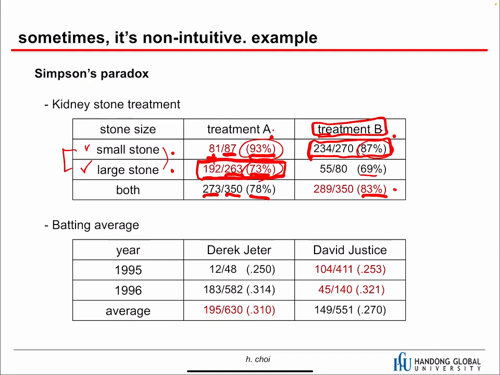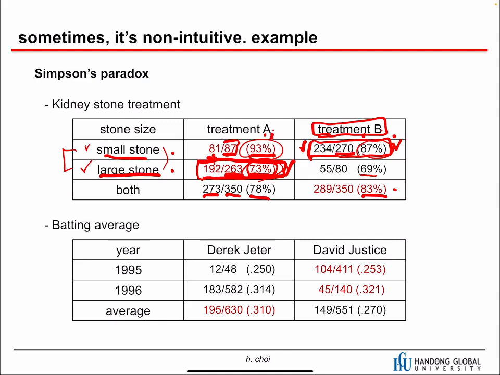But if we focus on the actual count, then treatment A is for large stone and treatment B is for small stone mainly. And in this cell, the success rate is 73. And for this cell, the success rate is 87. So this one is dominant for treatment B and this one is dominant for treatment A.